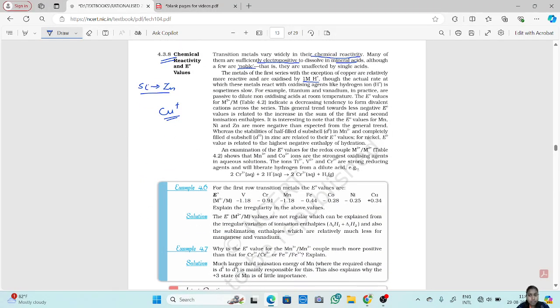Though the actual rate at which these metals react with oxidizing agents like hydrogen ions is sometimes slow, even though they can be oxidized using H plus ions, it is comparatively slow. This is how they react with chemicals.